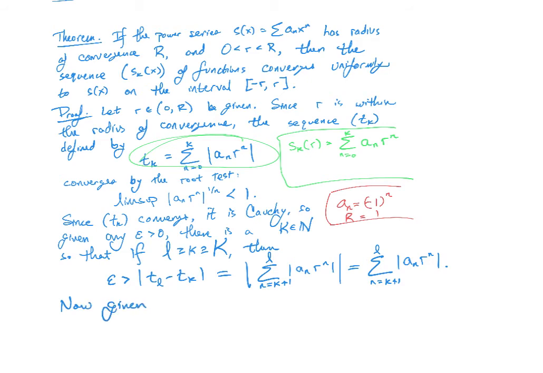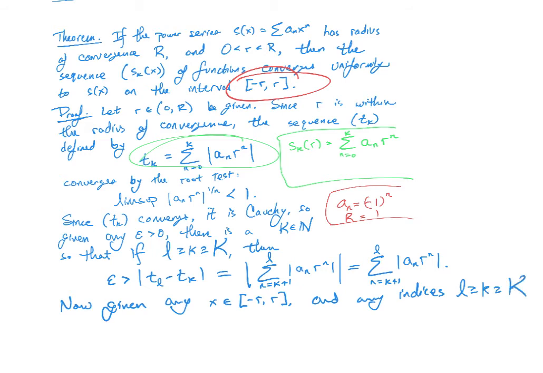What do we want? We want uniform convergence in this interval minus R to R. So we're going to look at any x in there, and any indices L greater than or equal to little k greater than or equal to big K. What do we get?